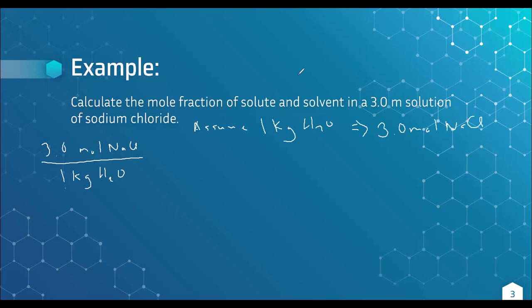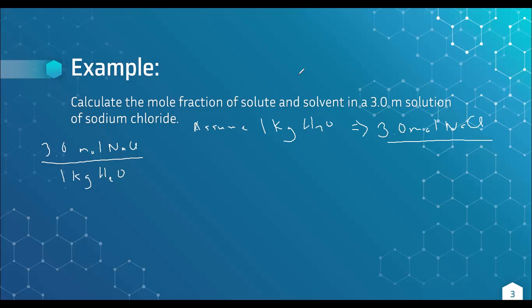Okay. So if we make that assumption, now if we want to get a mole fraction, that's going to be the moles of our solute or our solvent divided by the total moles in the solution. So now we have our moles of sodium chloride.